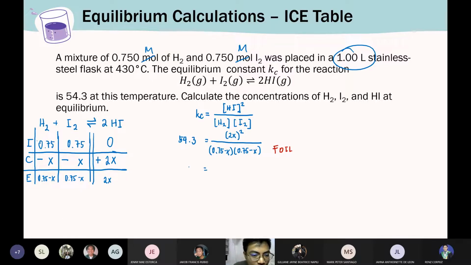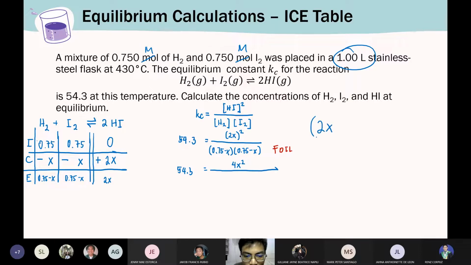sagutan natin siya. Okay? So, I'll copy everything muna. By the way, yung numerator, it's 2x then squared. So, bali, it's 4x squared. Okay? So, 4x squared na yung numerator natin. Okay? Bakit ganun?